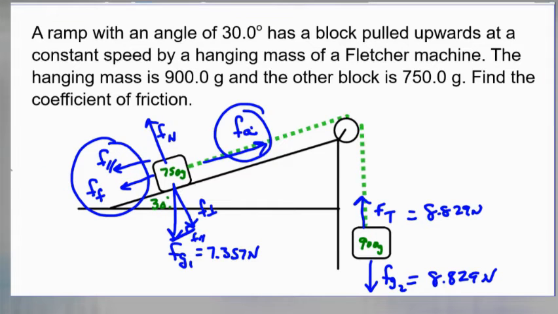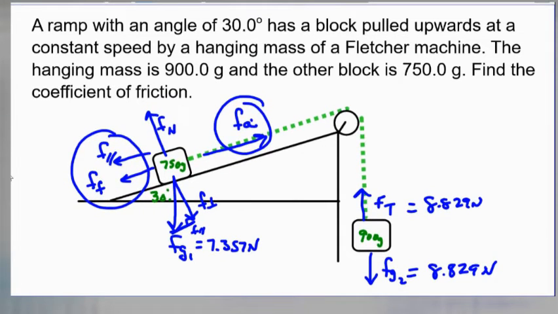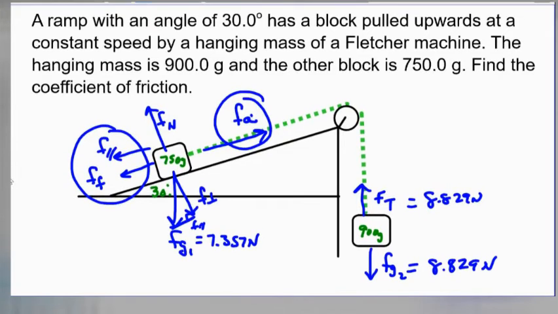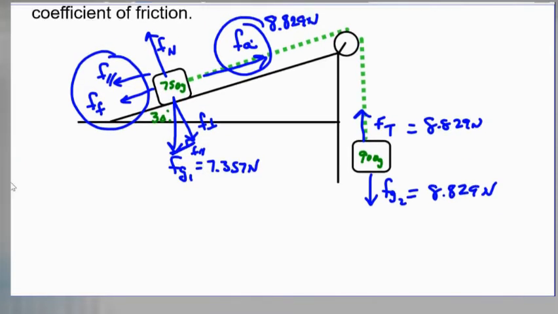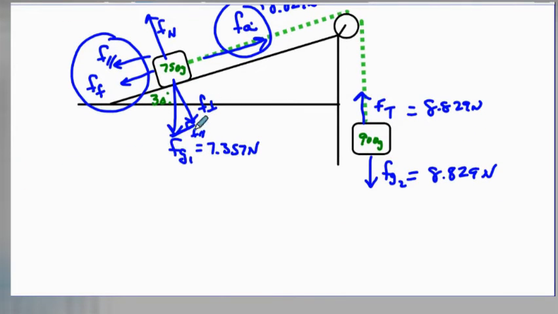So let's see if we can figure out what our coefficient of friction is in this problem. Well, we know that our force of tension, which I'm calling the applied force in this example, is 8.829 newtons. So using our force of gravity number 1 here, I can quickly find my Fn. Remember, my Fn is the same thing as my perpendicular.